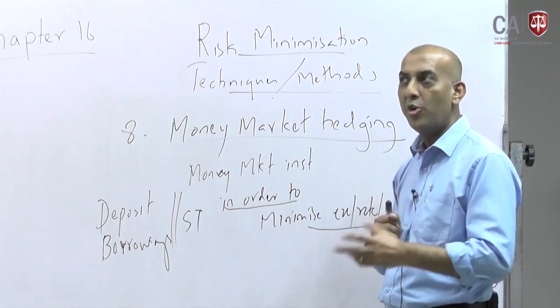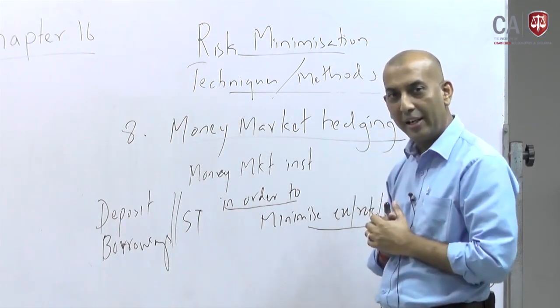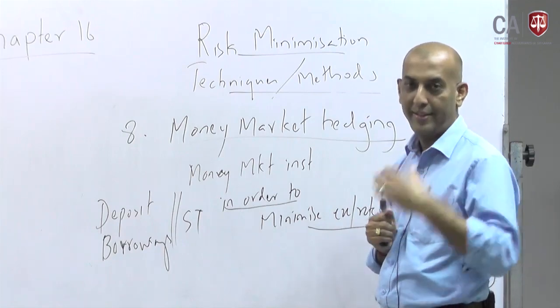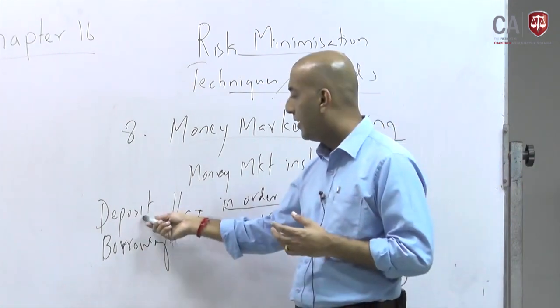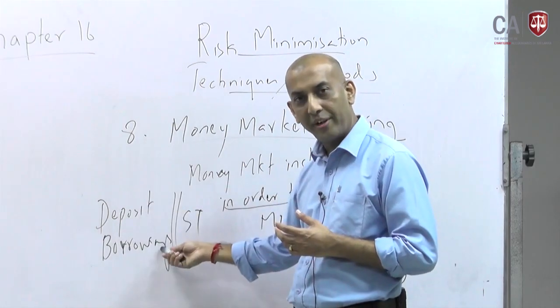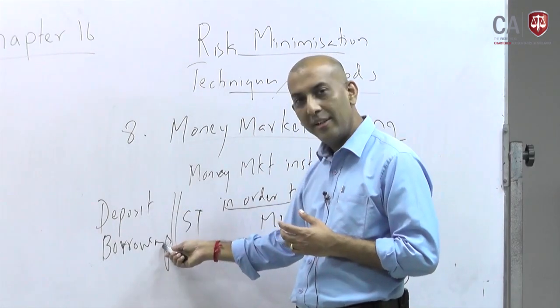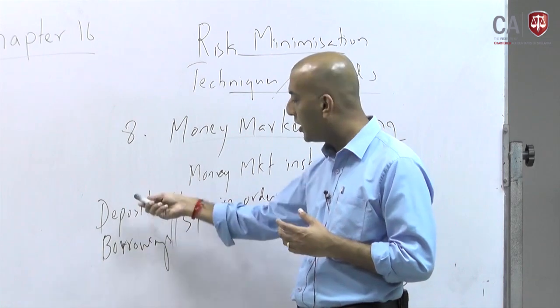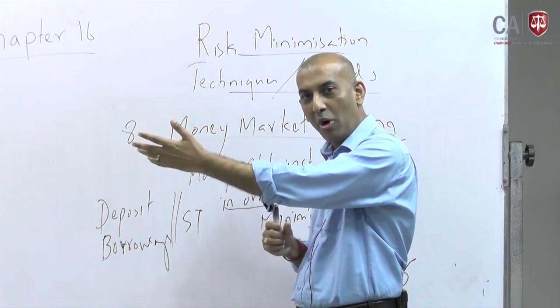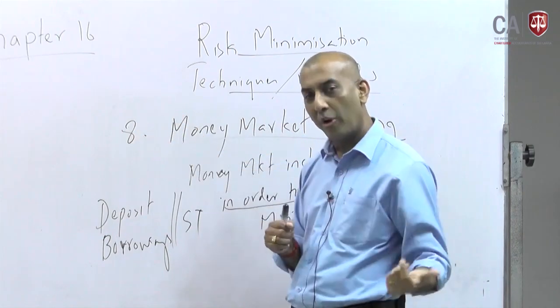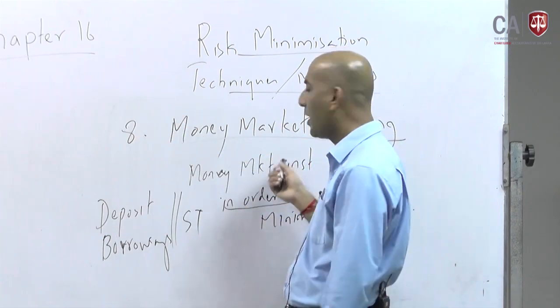So you have converted your foreign currency liability into a rupee liability. You work with deposit and borrowing: borrow in rupees, convert into dollars and deposit in dollars. This is money market hedging.